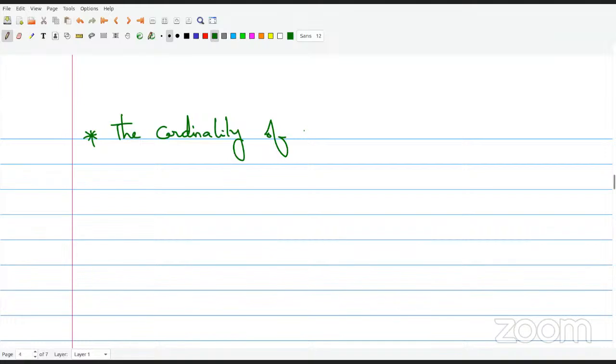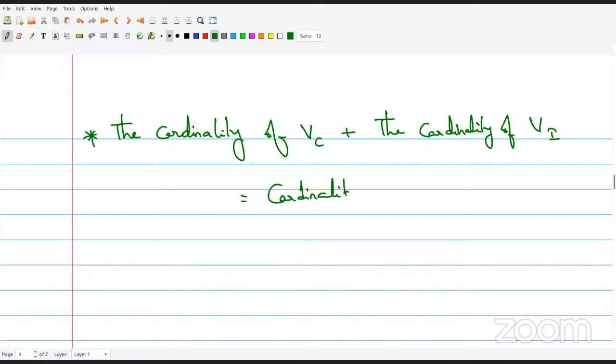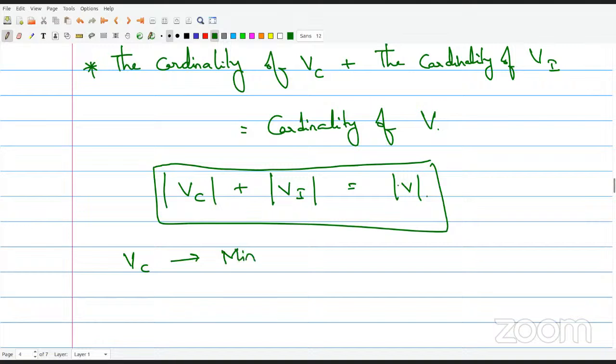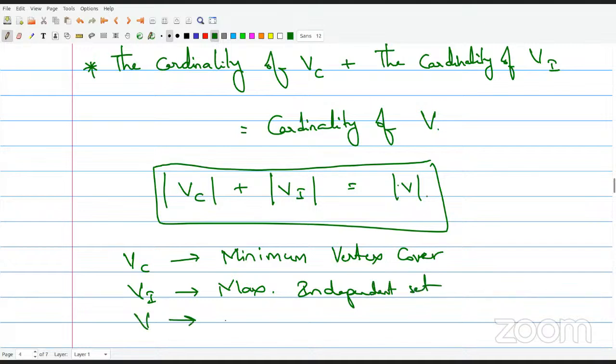So the cardinality of VC plus the cardinality of VI will be equal to the cardinality of V. In expression form, VC plus VI will be equal to V, where VC is the minimum vertex cover, VI is the maximum independent set, and V is the set of vertices in the graph.